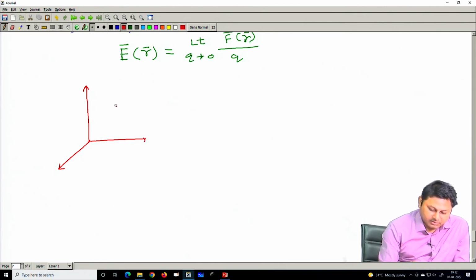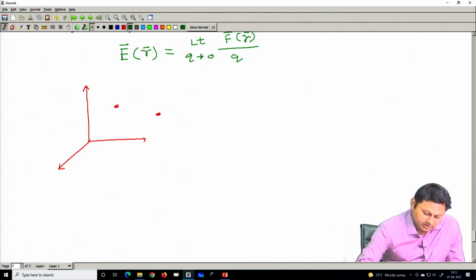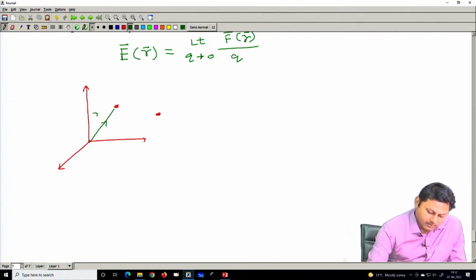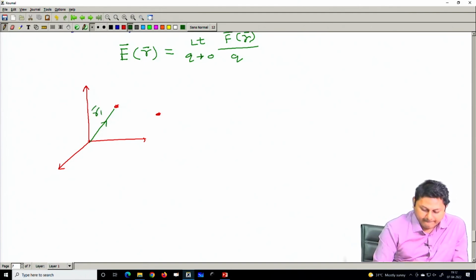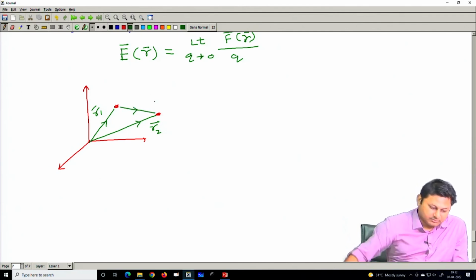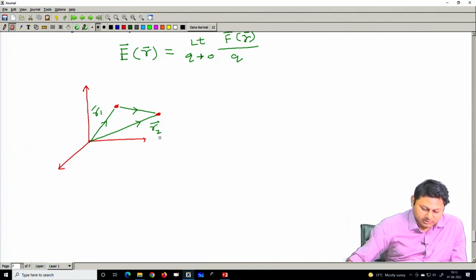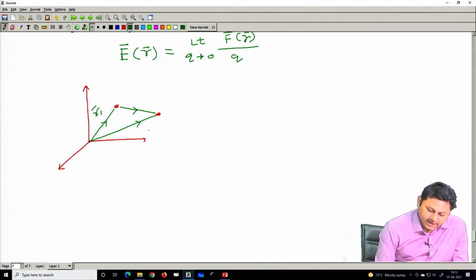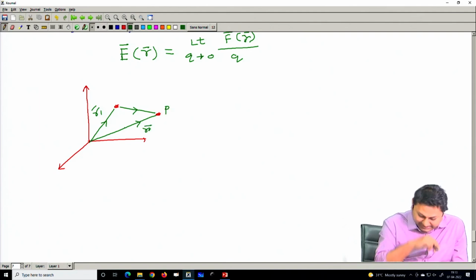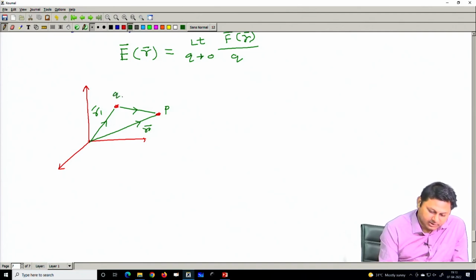So, I have r1 here, r2 vector here. r1 is the charge point and this is r, the point where I try to find the field, and q1 is sitting here.